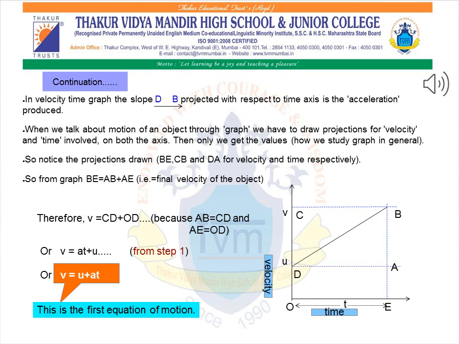Because AB is parallel to CD, so AB will be equal to CD, and similarly AE is parallel to OD, so that distance will also be the same. So we can write the final velocity v is equal to at plus u. Why at plus u? From the first step we have taken.